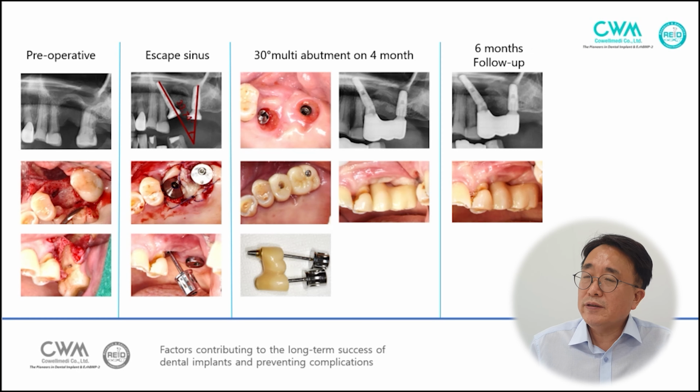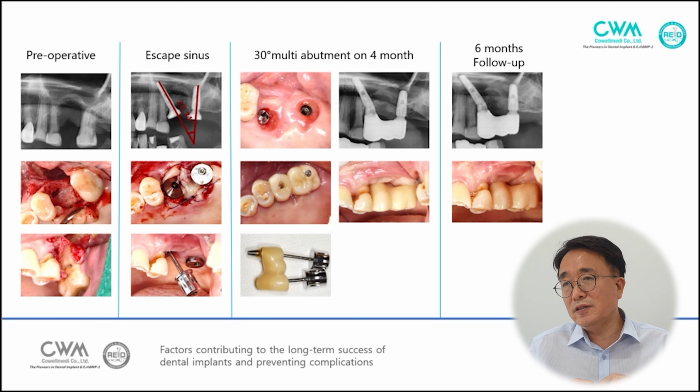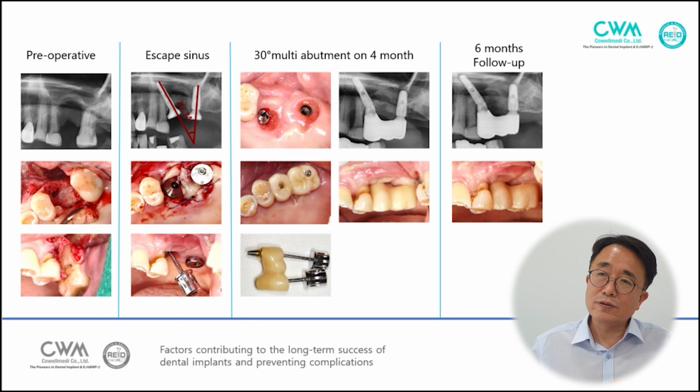So there is a slight discrepancy in the connection. This implant could be fractured or have occlusal problems. So I recommend a multi-unit abutment in the bridge, or another abutment.